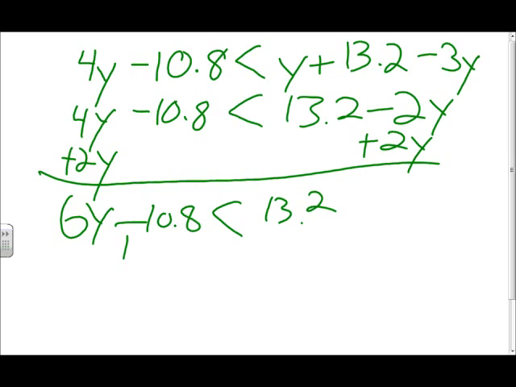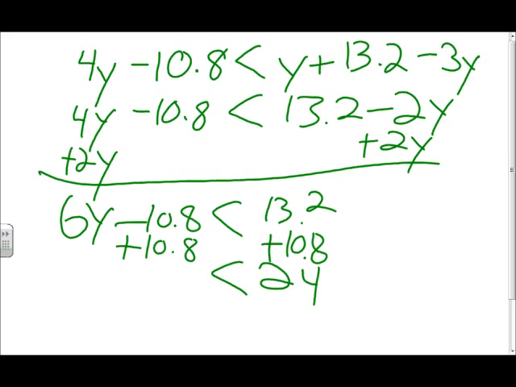So you would add 10.8 to both sides, and you would get 24 is greater than, technically, well, less than 6y. I'm sorry. And then you would have to divide both sides by 6 to get y by itself. And you would have y equals 4.